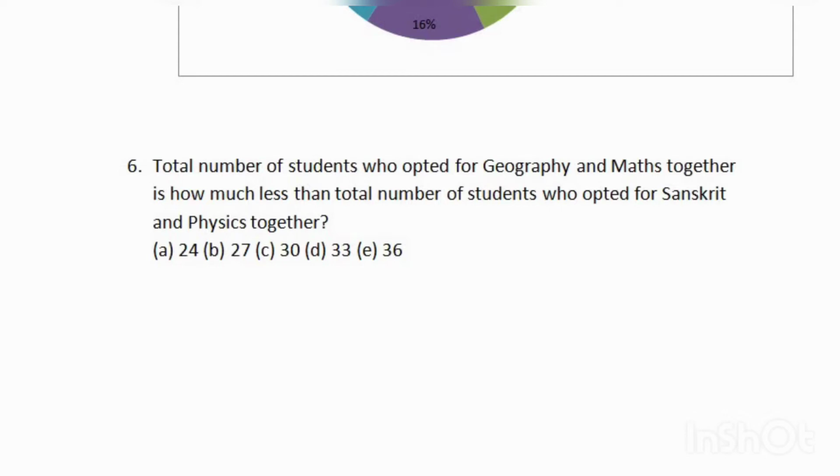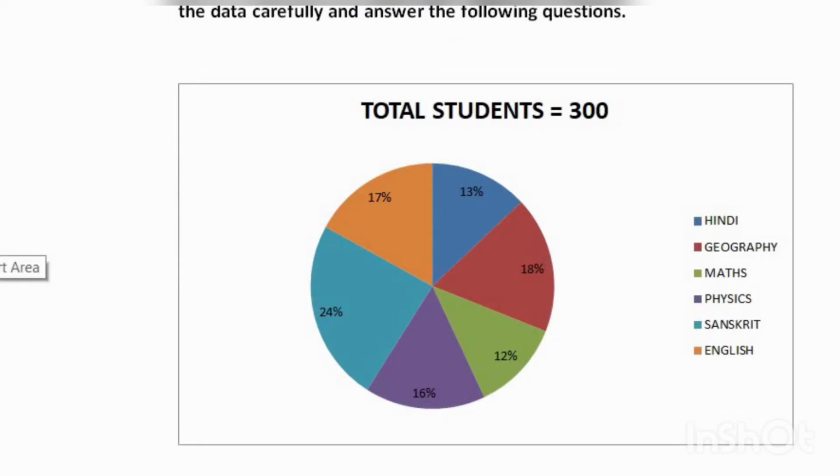So first we have to find out the students who opted for geography and maths together. See, from the graph, 18% of 300 students opted geography and 12% of 300 students opted maths. So how we can write? 18% of 300, that means 18 divided by 100 into 300. Two zeros get cancelled from 100 and 300, right?